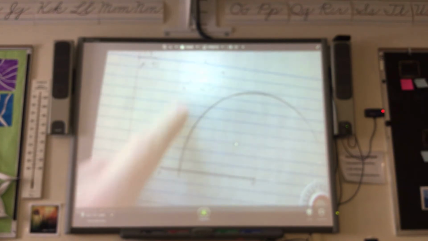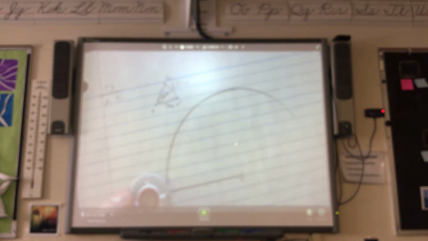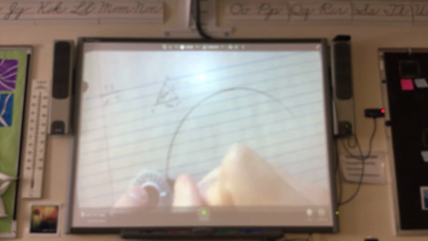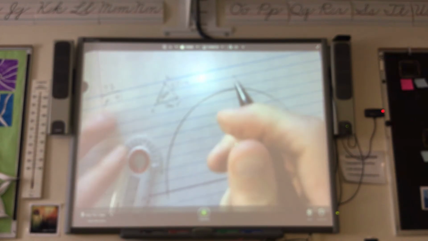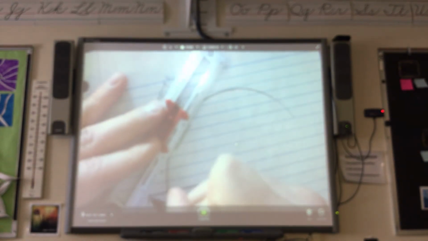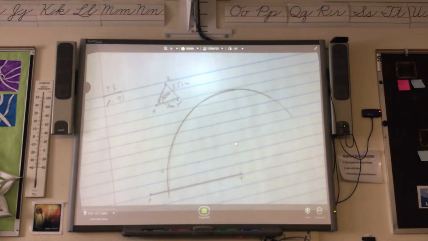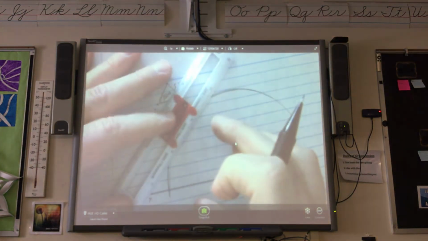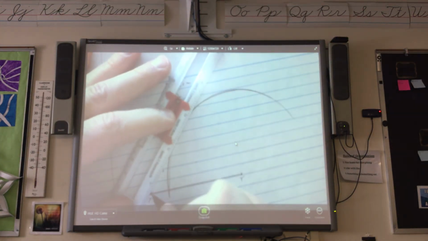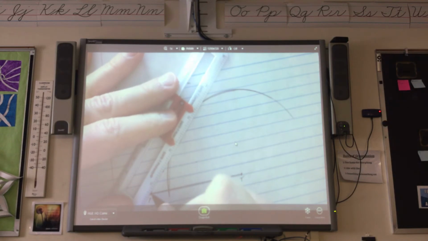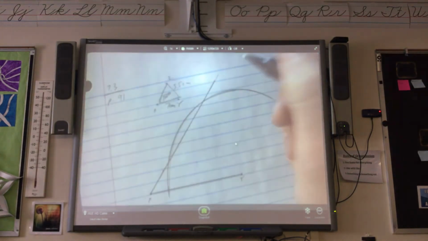And this needs to be 50 degrees. I see 50 degrees is right there. And then I'm going to take this and draw it through the 50 degrees.